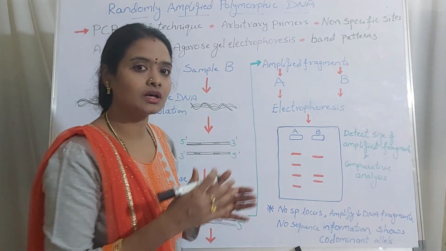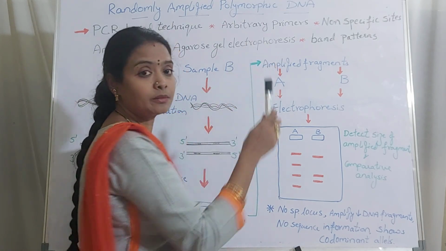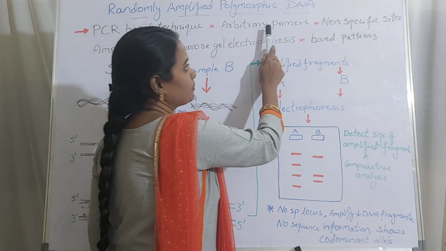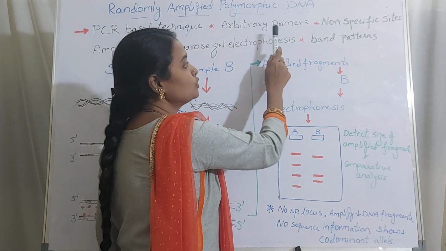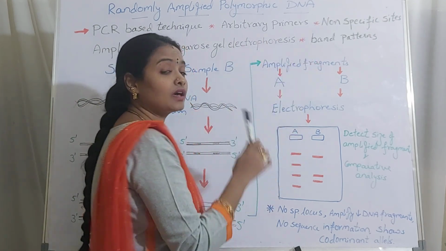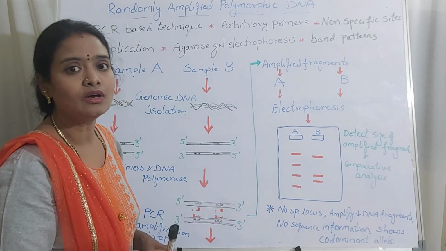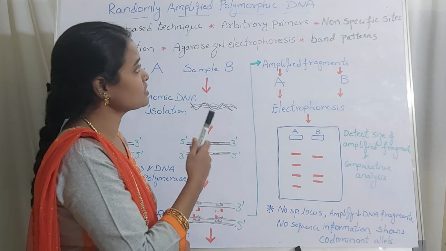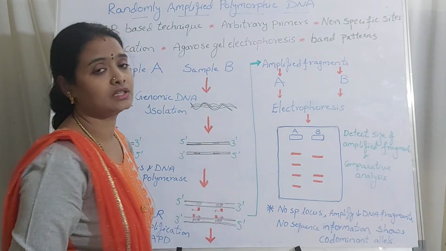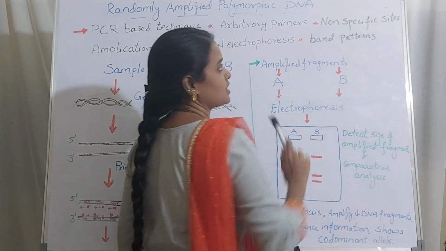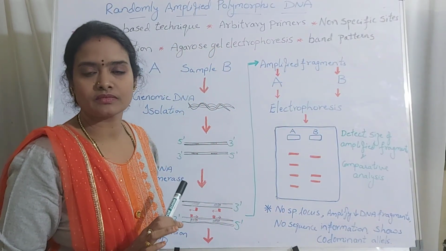You are not preparing them complementary to the DNA. You don't know to which site they will go and bind. That means you don't even know the genome sequence or analysis of that particular animal, so no specific sites are required.